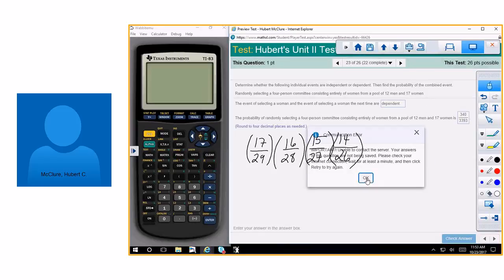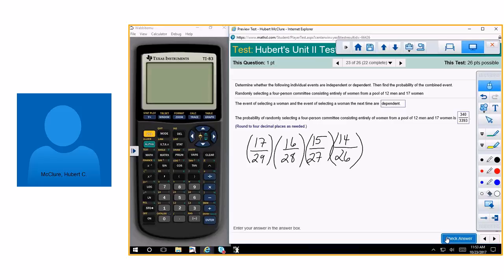Uh-oh. See if you can reduce that. Well, it said it was incorrect. See if y'all got the same answers. 15 times 15, that's 225. I believe that it's going to be more than 340. Isn't it?